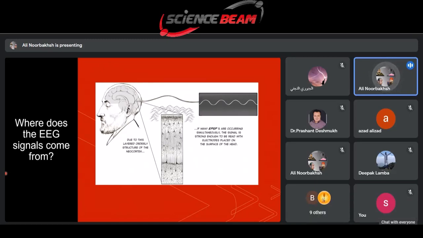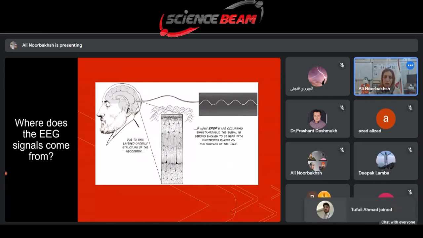Brainwaves are basically evidence of electrical activity in your brain. When a group of neurons sends a burst of electrical impulse to another group of neurons, it creates a wave-like pattern.